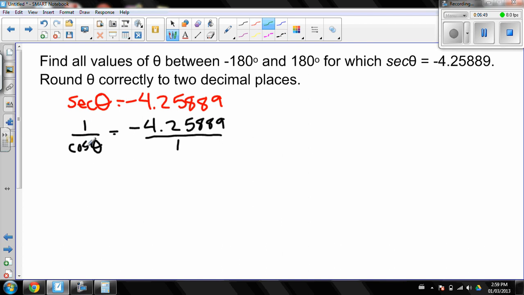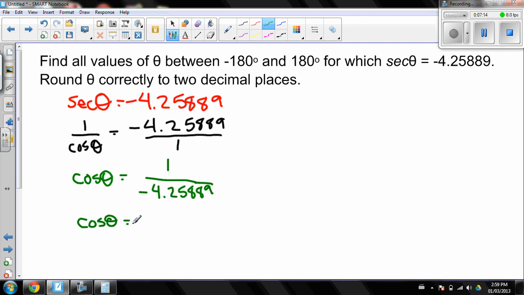But I don't want to solve for 1 over cosine theta. I want to solve for cosine theta. So what I'm going to do is flip both sides. So I could rewrite this as cos theta, and then on my right hand side I'll get 1 over negative 4.25889.